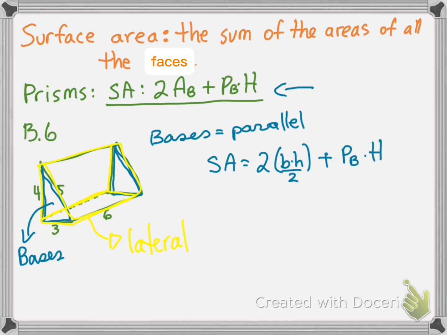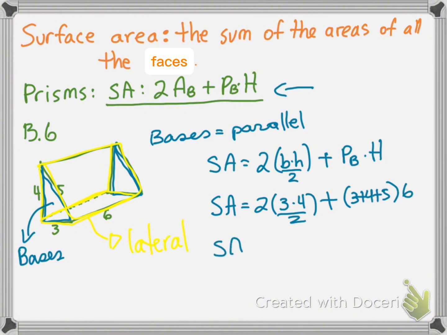Now all we're going to do is add the sides of the triangle. So we have, let's go here, the base times the height, in this case is going to be 3 times 4 over 2. And then the perimeter is going to be 3 plus 4 plus 5 times the height, which is 6.